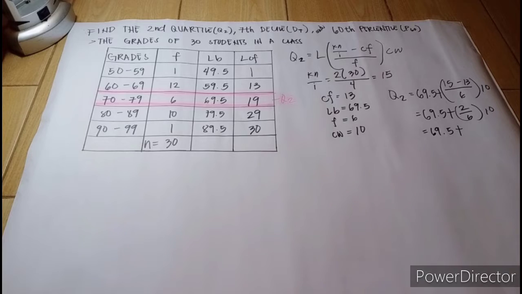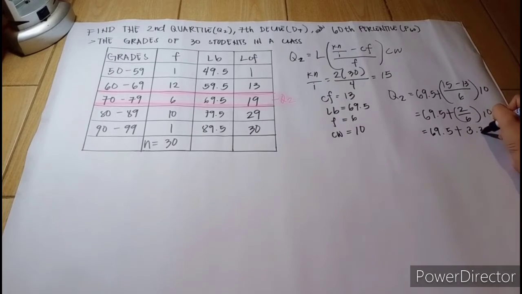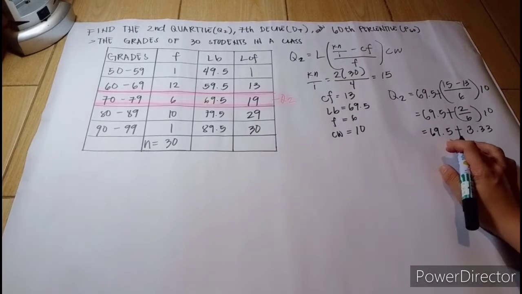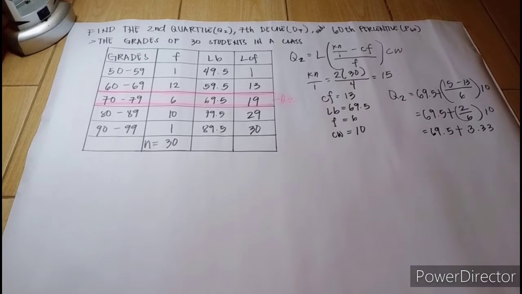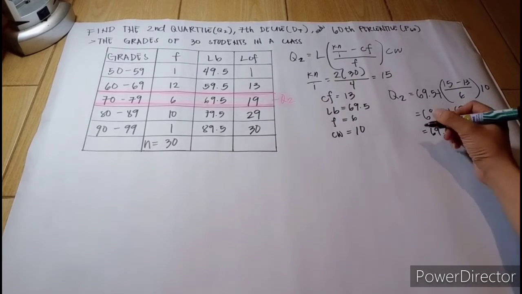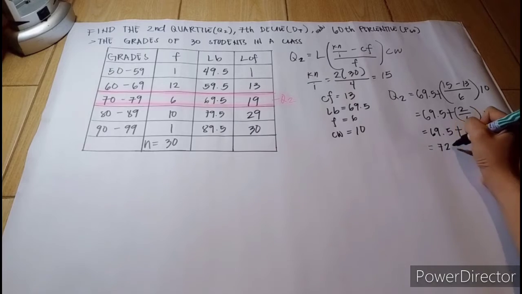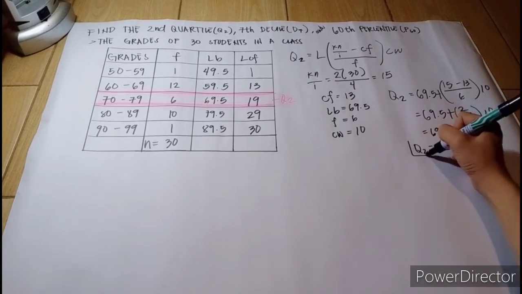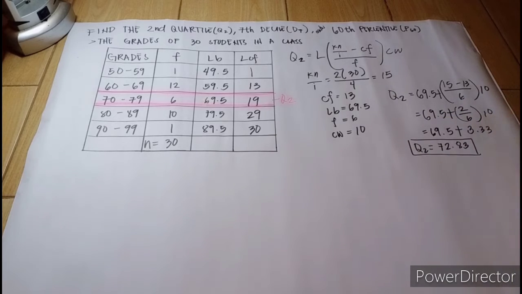So 2 over 6 times 10, that is 3.33. 3.33 plus 69.5 is 72.83. Therefore, our second quartile is equal to 72.83.